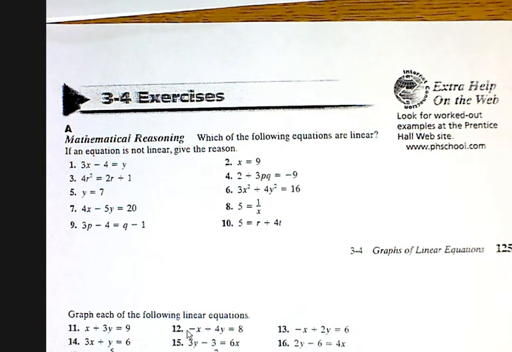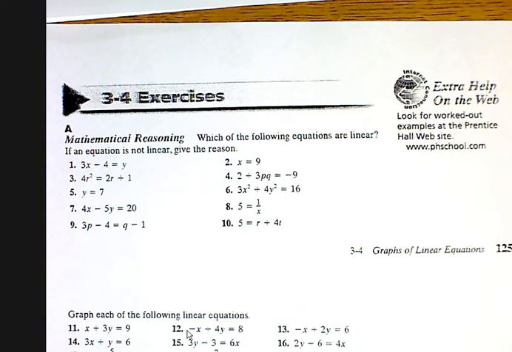Check with your shoulder partner, see if you guys agree with them real quickly. What you're doing is you're looking that if it has a square, it's no. So this one is yes because there's no square, there's no division, and there's no multiplication. Multiplications will look like that, like PQ.